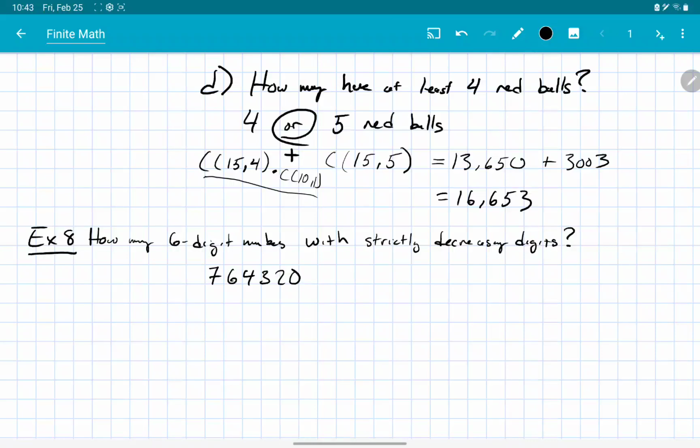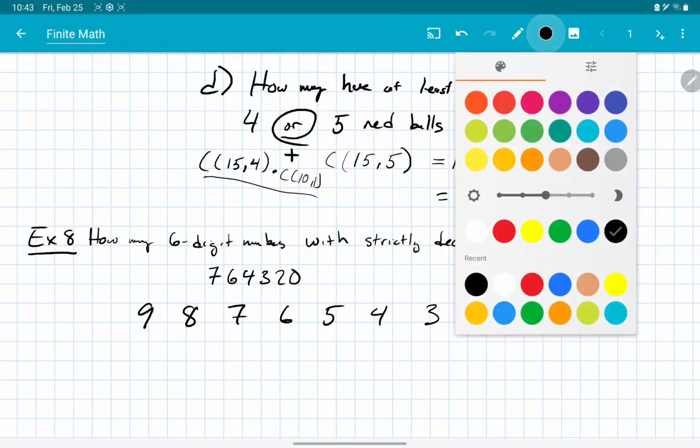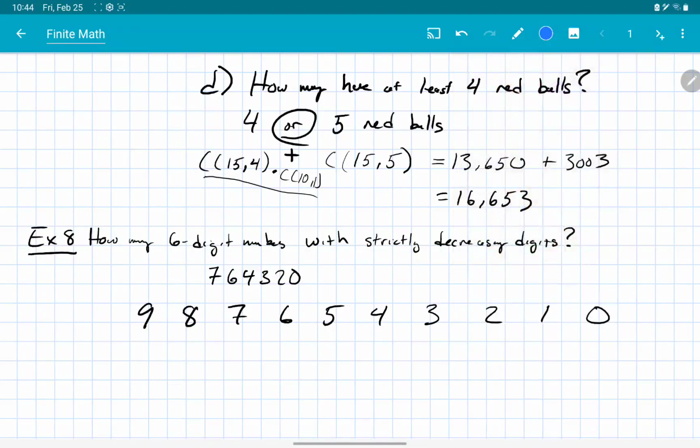Okay. Well, let's think about this. There's 10 digits. There's 9, 8, 7, 6, 5, 4, 3, 2, 1, and 0. I can make a 6-digit number with strictly decreasing digits by erasing 4 of these. Oh, in fact, let me erase the 4 that made the number that we just talked about. 7, 6, 4, 3, 2, 0.